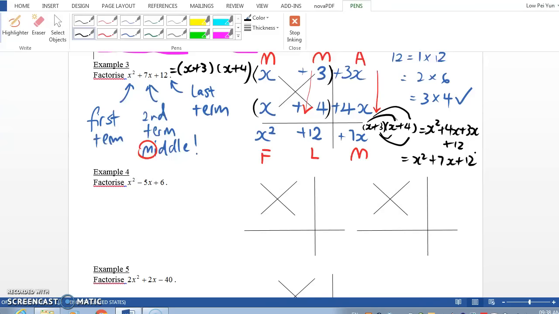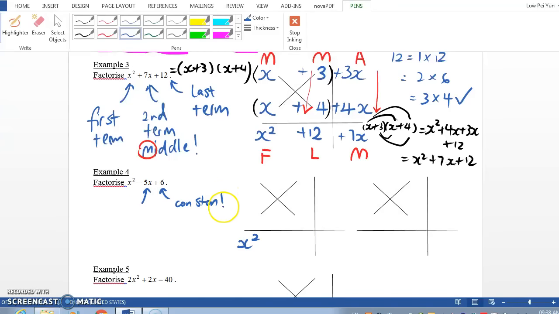So we have example 4. X squared minus 5x plus 6. So now let's take a look. So first step is to place first term, last term. The last term is always a constant. Middle term is always the term in x.